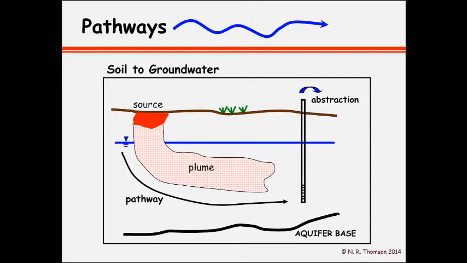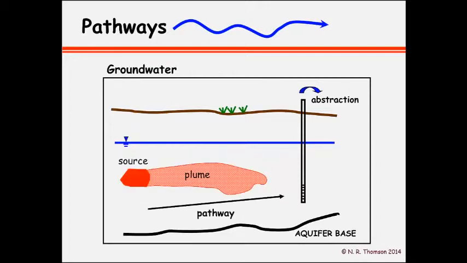On this slide, we have a soil to groundwater pathway where we have a contaminated portion of soil just below the ground surface there in red. We have a groundwater plume that gets formed, and we have a pathway between the source area, the plume, and an abstraction well, which somebody may be using as a drinking water supply.